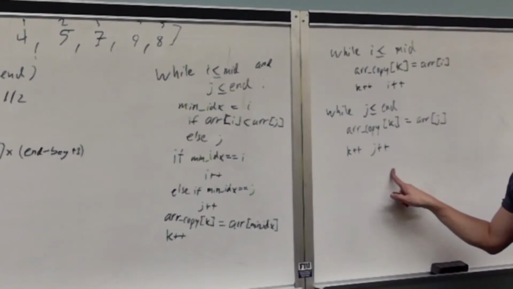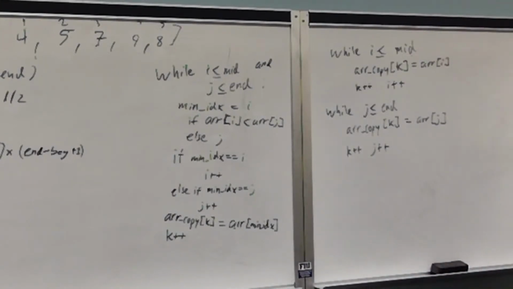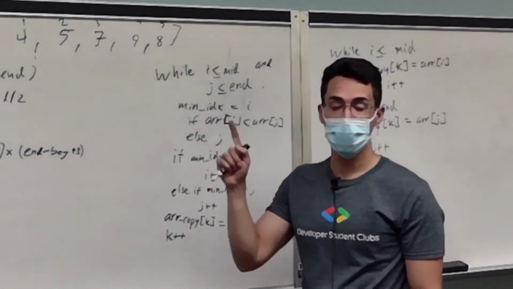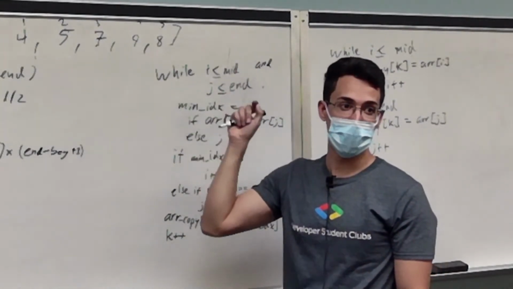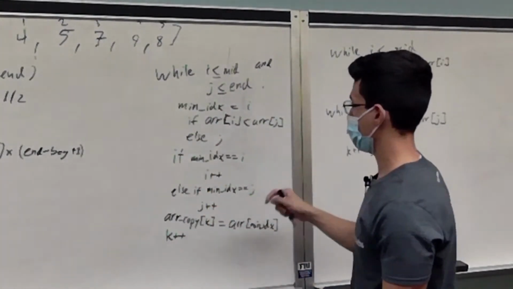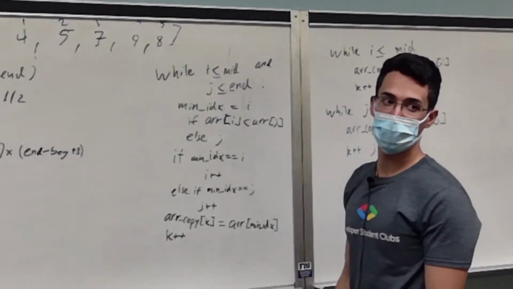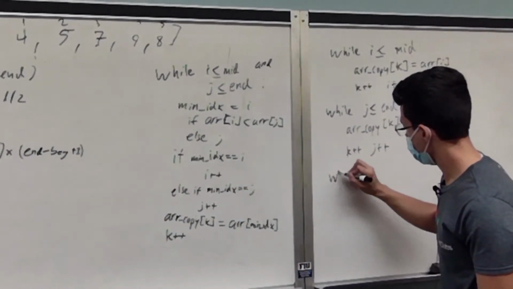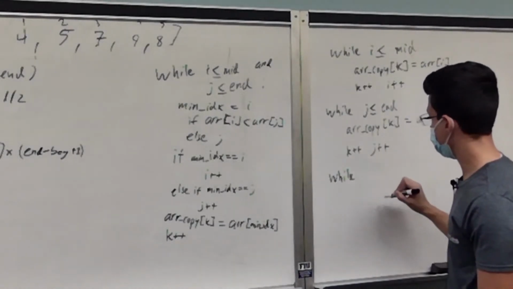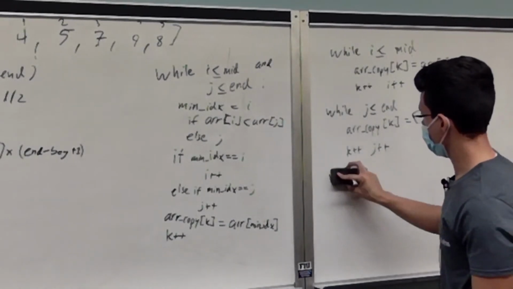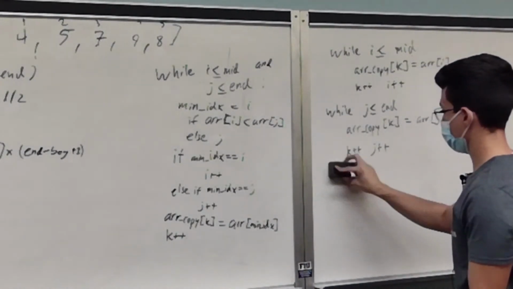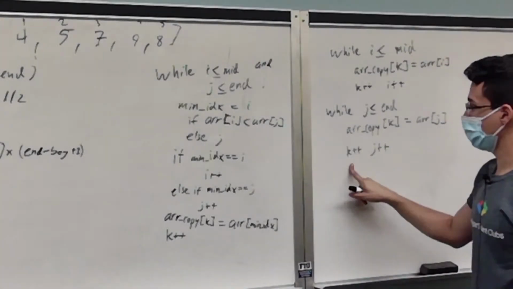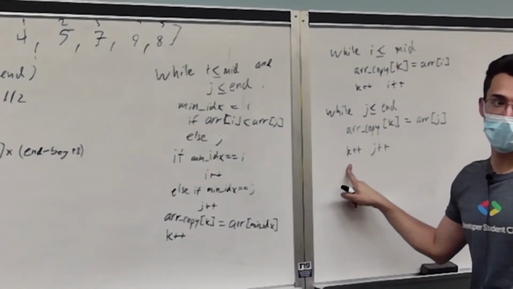This is the merge algorithm, right? Well, actually, we're not done. Now we made the array copy. Now we're supposed to fill the original array, from beginning to end, with all the values of array copy. So now k is going to be equal to the length of the array copy.